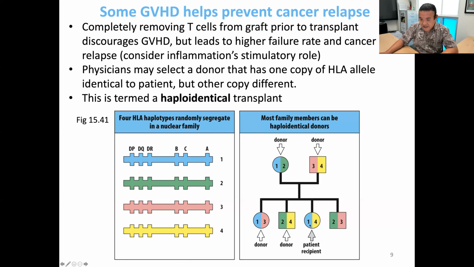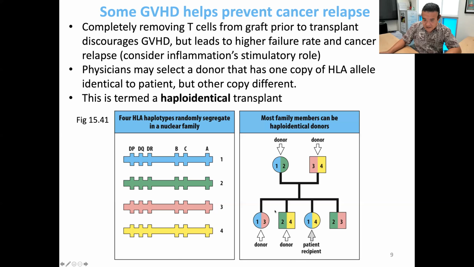Let's say this sibling here is the one that gets sick, right, and develops some sort of hematopoietic cancer, right? So because this individual, this girl here, right, she has the blue haplotype 1 and the yellow haplotype 4, right? That means in order to do a good job of matching HLA types, this sister and this brother could be donors, right?